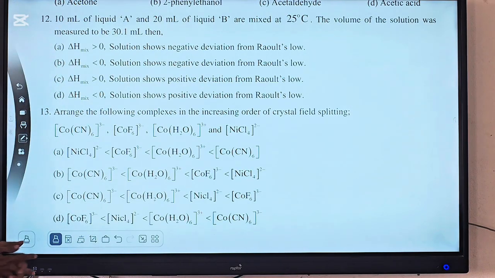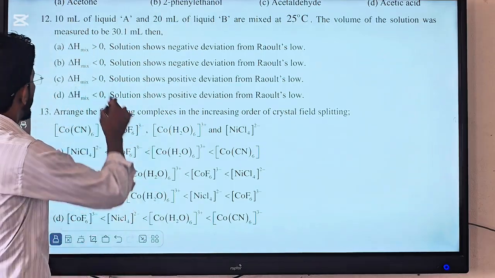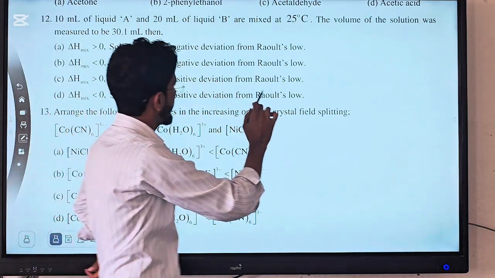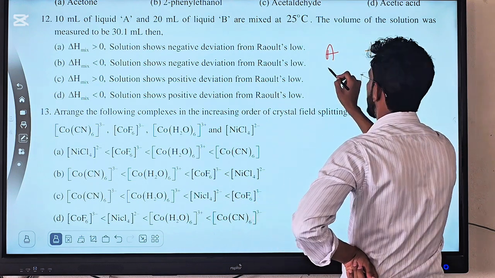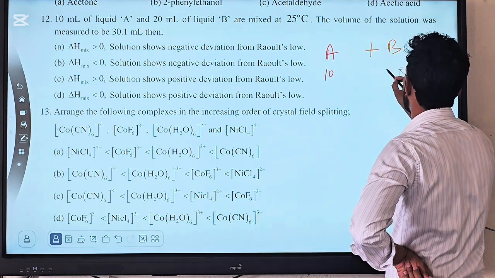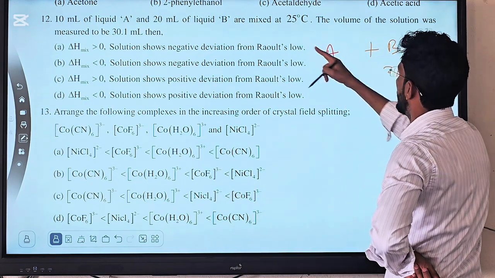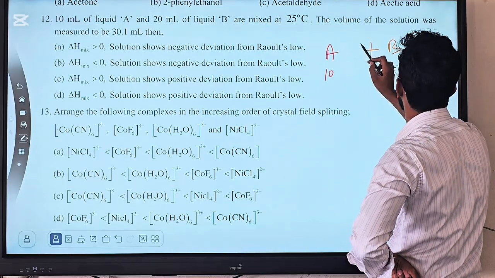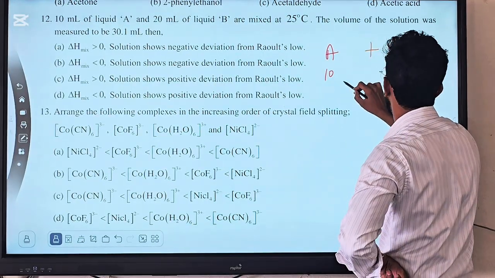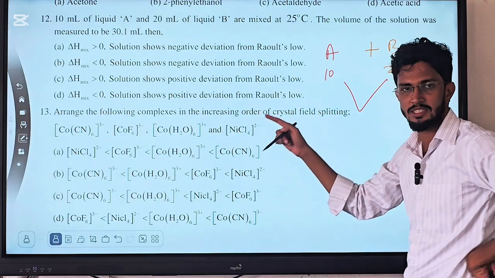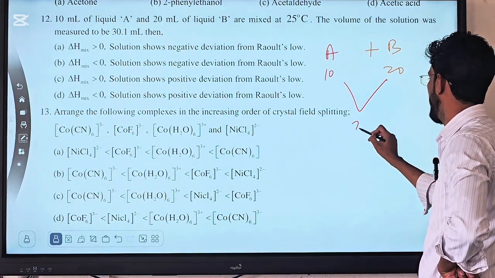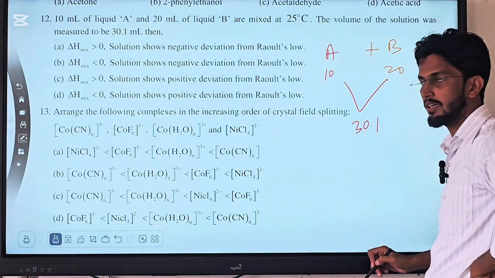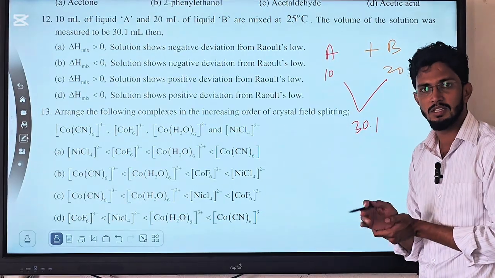Question number 12: 10 ml of A and 20 ml of B, means A plus B, are mixed at 25 degrees Celsius, and the volume of the solution was measured at 30.1 ml. If we add 10 and 20, we get 30, but the measured volume is 30.1 ml.